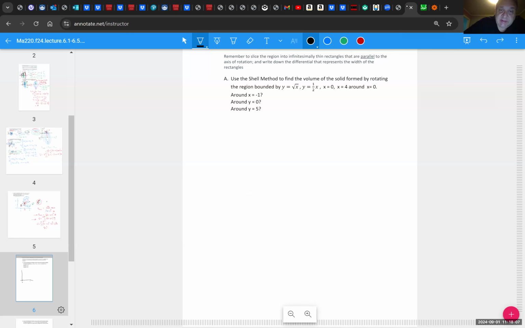I'm going to move this over a little bit because I know I ran out of space last time, so I'm just going to hog the middle of the screen so I don't run out of room. 0, 4, 2, and one of the graphs was kind of like this. The other graph was kind of like this, and we get that region right there. Okay, so that's our region, and we're going to be revolving this around.